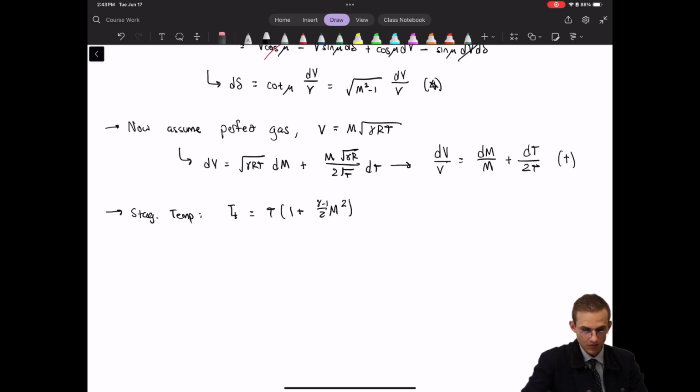We can take the total differential of that: dT0 is equal to the quantity 1 plus gamma minus 1 over 2 M squared times dT plus the quantity gamma minus 1 T M dM.